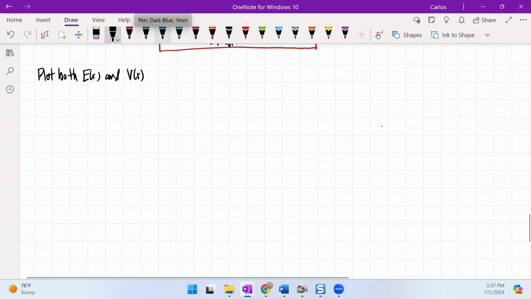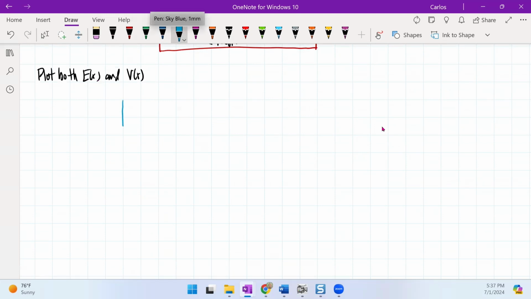So the first thing I'm going to do is draw my quarter circle here. If I look at my quarter circle, I'm looking at something like this. I know that all the charge is on the surface.